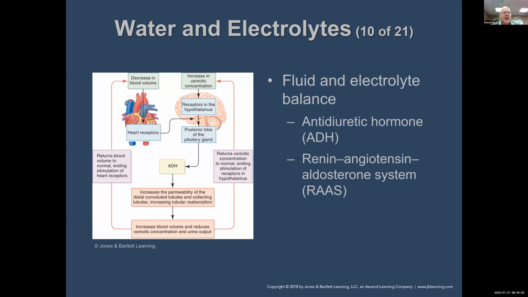So if you go back here, when you're talking about ADH, that is one way of helping fluid balance.